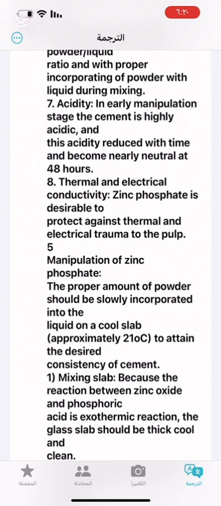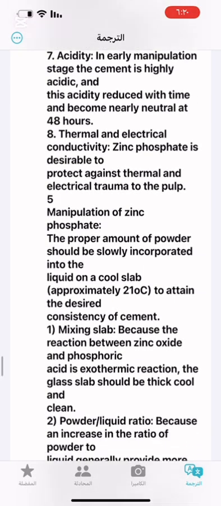1. Mixing slab. Because the reaction between zinc oxide and phosphoric acid is an exothermic reaction, the glass slab should be thick, cool, and clean. 2. Powder-liquid ratio.